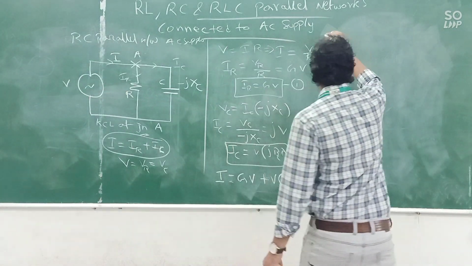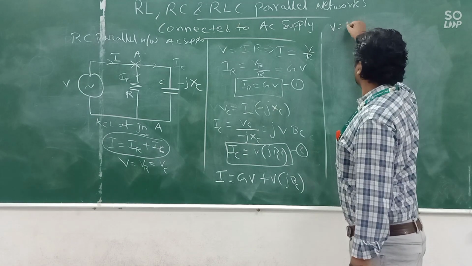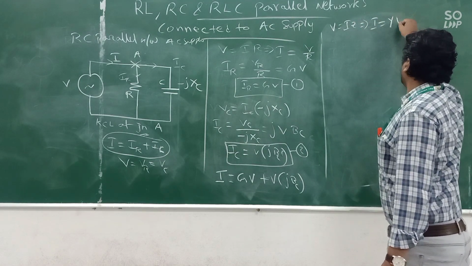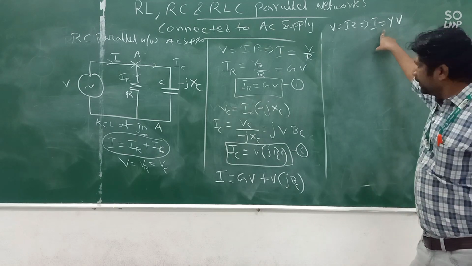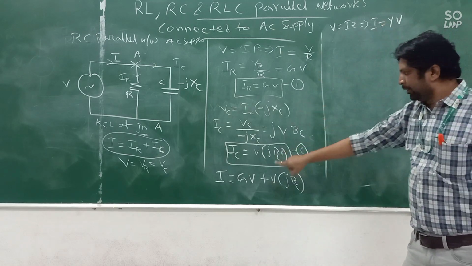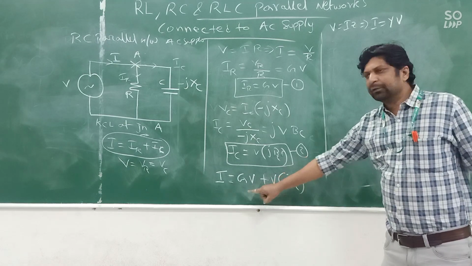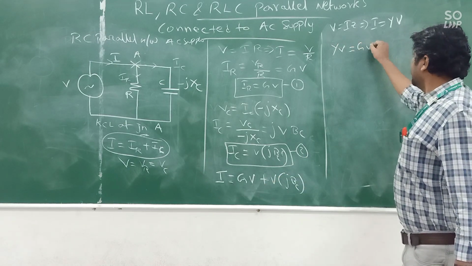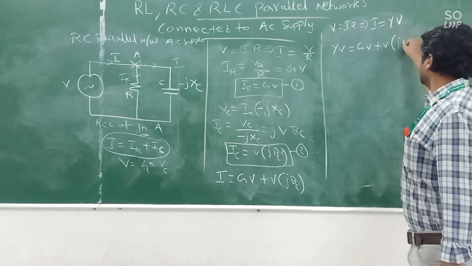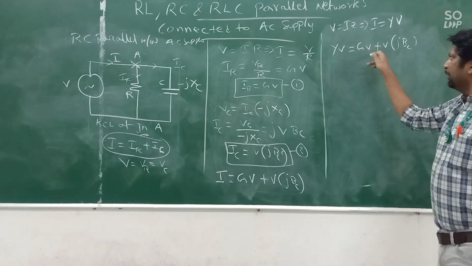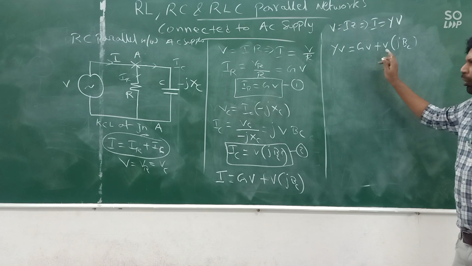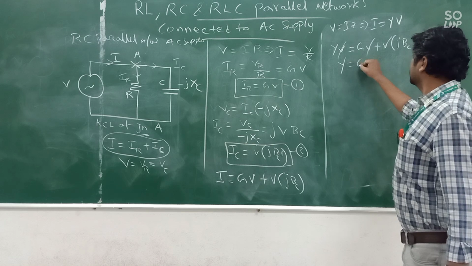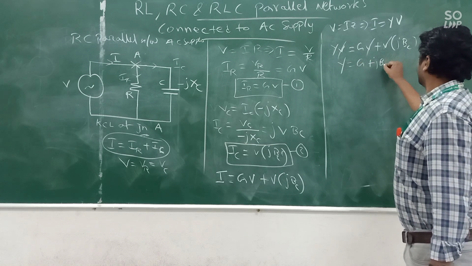From the basic definition, V is equal to IZ, from here I is equal to YV. Substitute this I, which is equal to YV, in this equation. So YV is equal to GV plus V into JBC. In the left and right hand sides, voltage is common, so they will get cancelled. So Y is equal to G plus JBC.